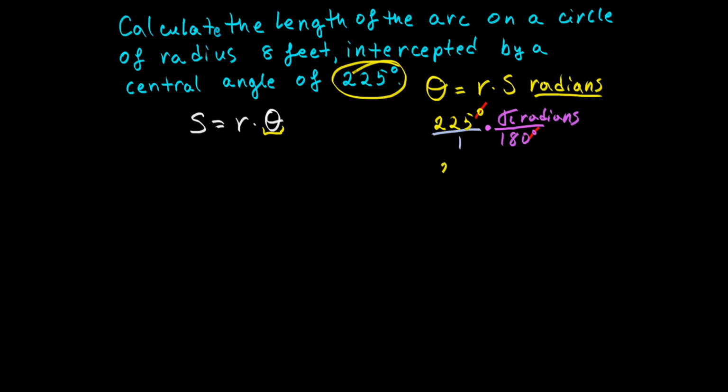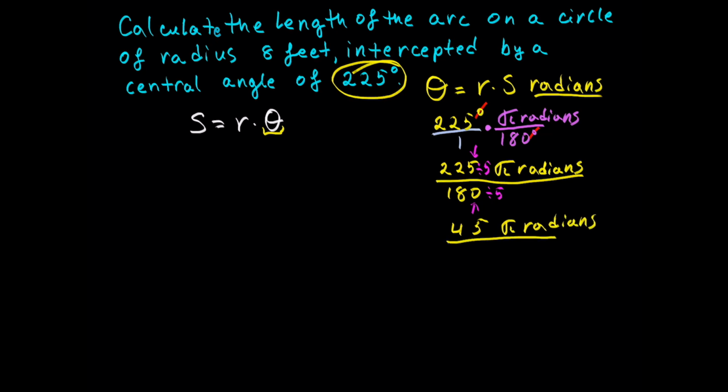Now we have 225 times pi radians over 180 in the denominator. We just need to reduce this fraction at this point. 225 ends with a 5, 180 ends with a 0. I know both of these can be divided by 5. 225 divided by 5, we get 45 pi radians over 180 divided by 5, which is 36.